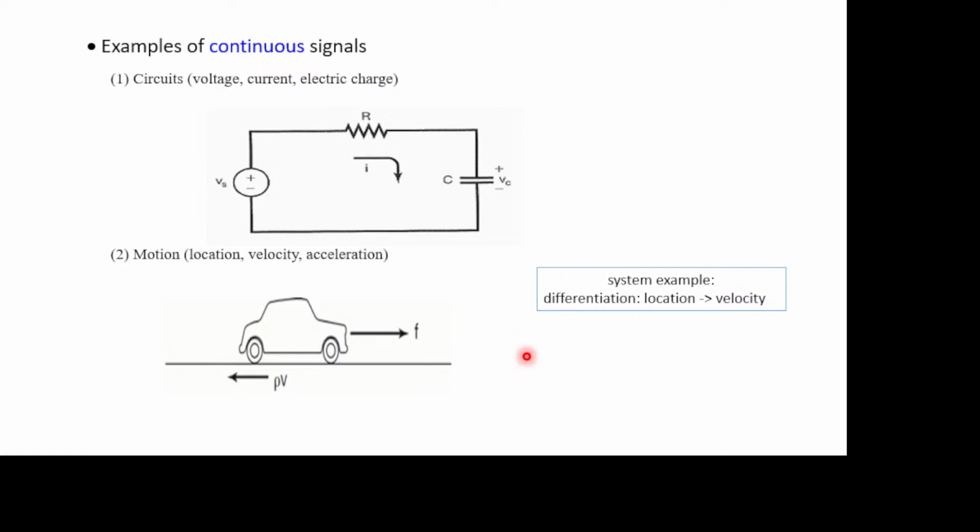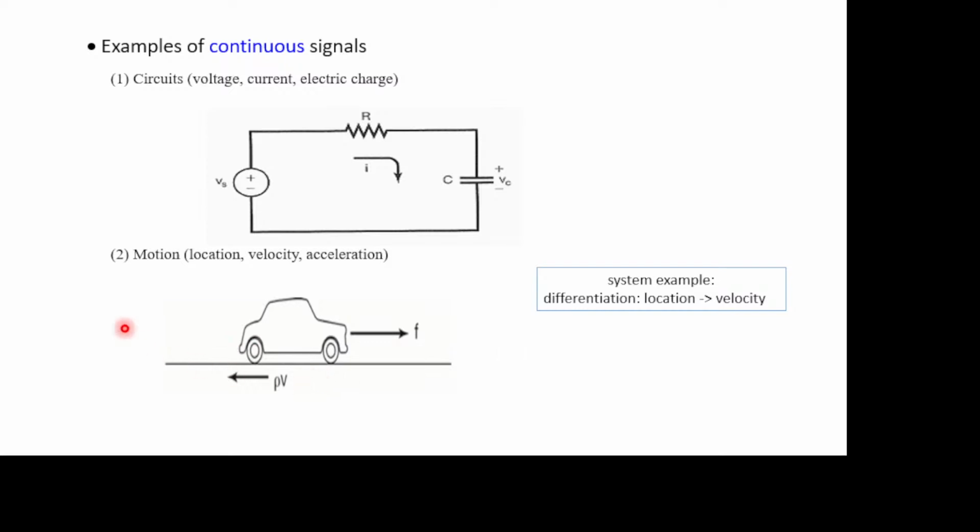So what are signals? Some continuous time signals might be in this circuit. In this electric system, you have voltage, capacity, resistance, then there will be current, and there will be voltage everywhere, and those all depend on time. So those are continuous time signals. And maybe you are driving a car, and your car moves in one dimension because you are driving a straight line.